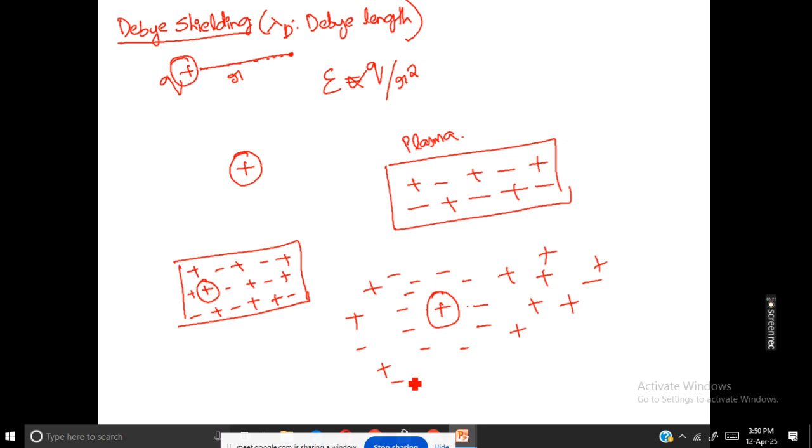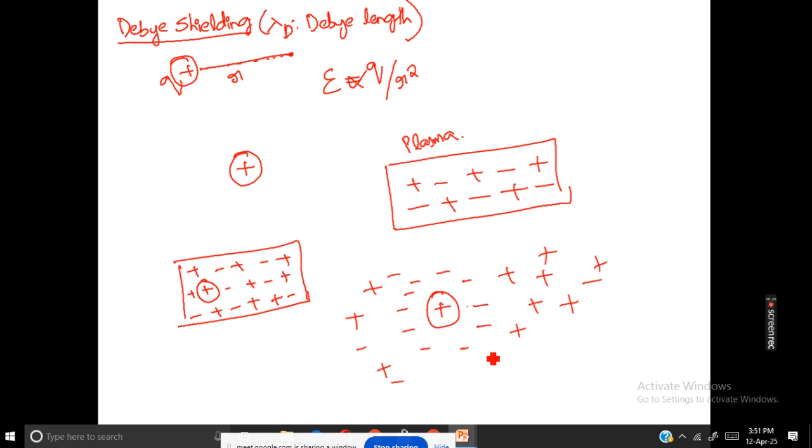When you keep a positive charge inside a large number of freely moving charges, or a plasma, the charges of opposite polarity are immediately attracted to this test charge and they form a cloud in the vicinity of the test charge. Since the charge is positive, a cloud of electrons is formed. If we are keeping a negative charge, then a cloud of ions will be formed.